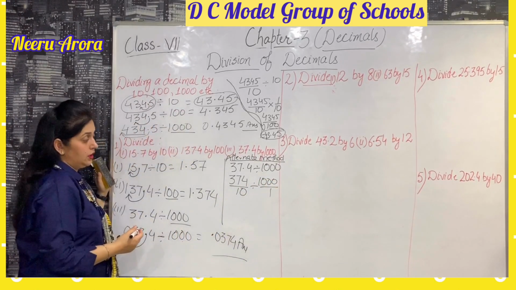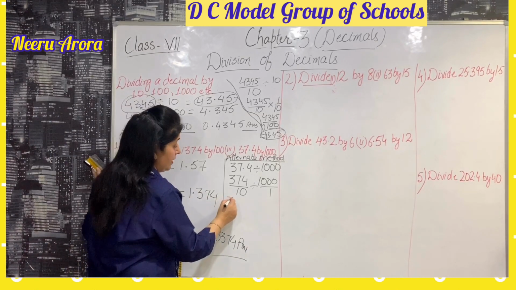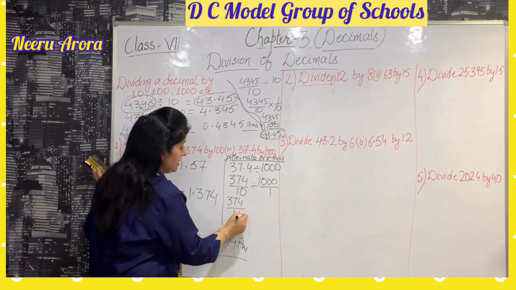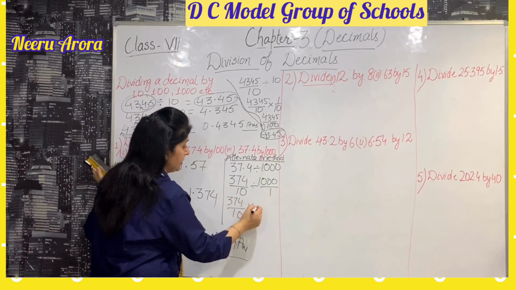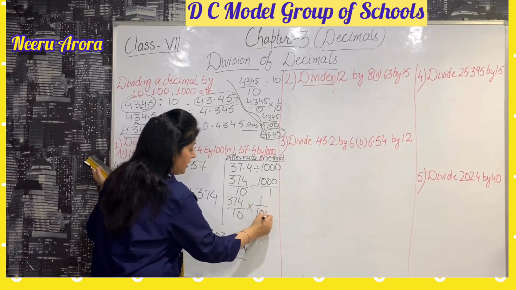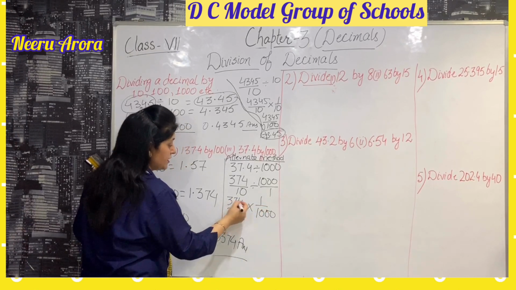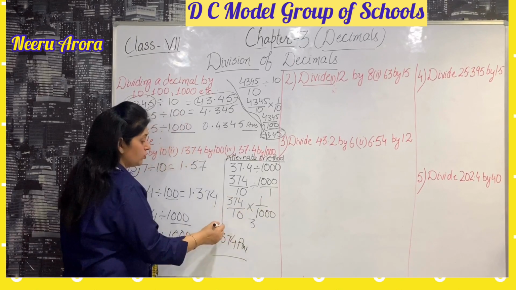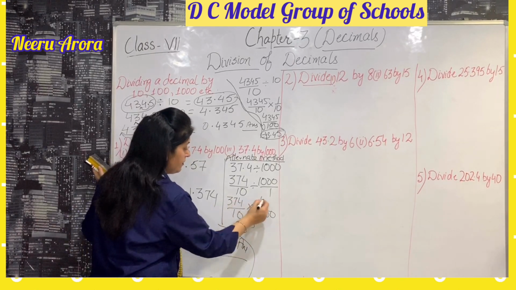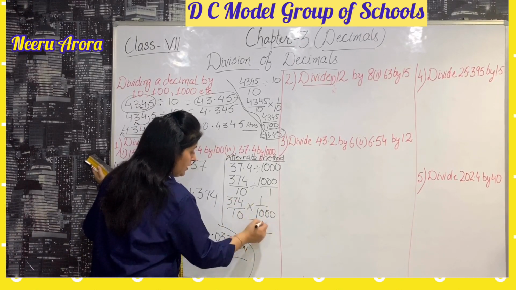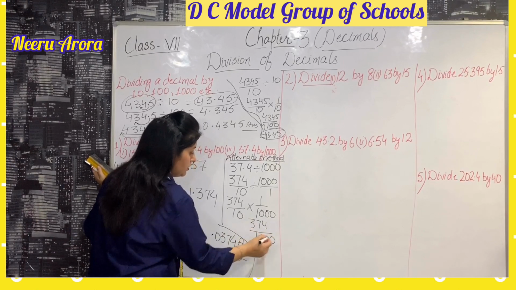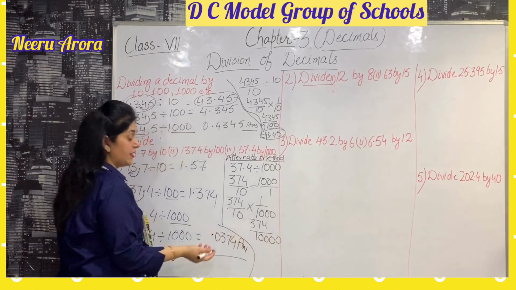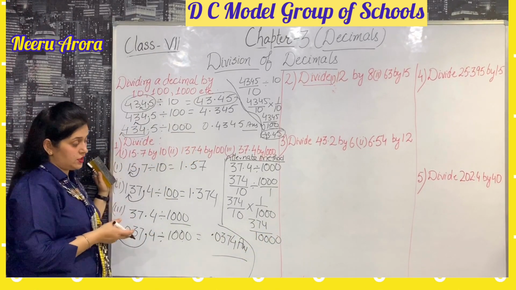So what does our rule say in fractions? Multiply the first number by the reciprocal of the second term. So 374 into 1 is 374. Here it comes 4 zeros. Now we want to place the decimal again. We want our answer in decimal form.